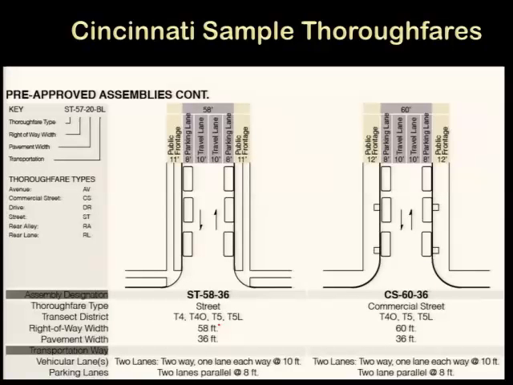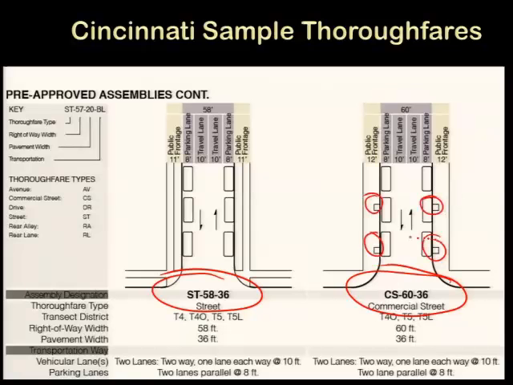There's an ST, a street, that's 58 feet of right-of-way, 36 feet of width, and this is a commercial street. One of the key differences is when you get down to the commercial area, you have tree wells, the old Parisian-style tree wells, because that gives pedestrians an easier walk on the entire sidewalk in the compact urban. And over here, you actually plant those trees in a planting strip of grass or other material.